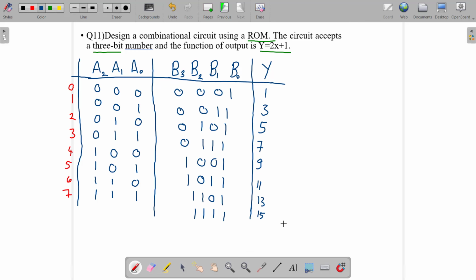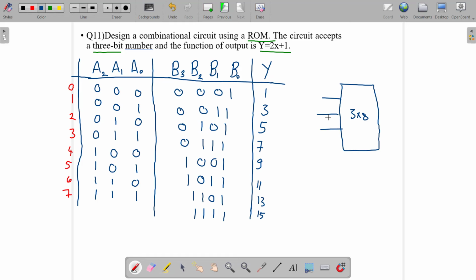Now we have to design this circuit. How? We said that using the decoder and also OR gates. So because we have 3 bits in the input, we use a 3 by 8 decoder.